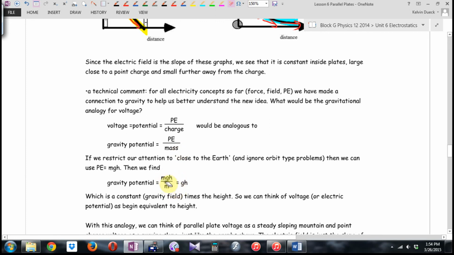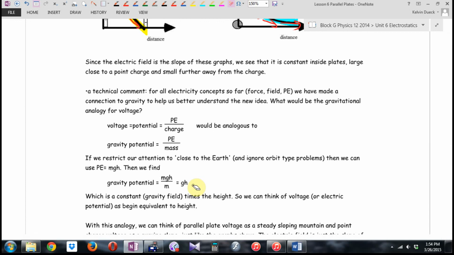What would happen to the m's? If you want a gravitational analogy to voltage, voltage is sort of like gravity times the height. In fact, I ignore g. I treat voltage as height. If you ask me what volts mean, it's similar mathematically to how high we've lifted an object.